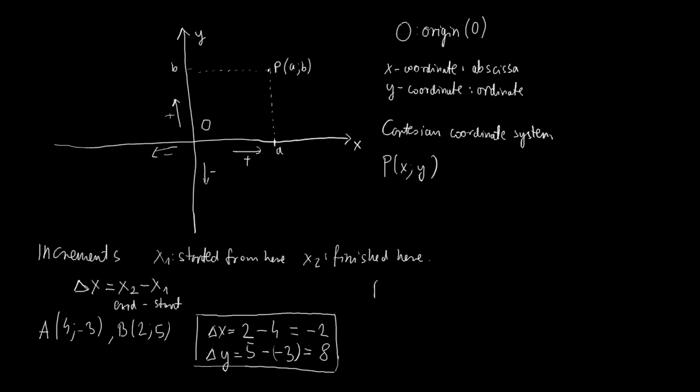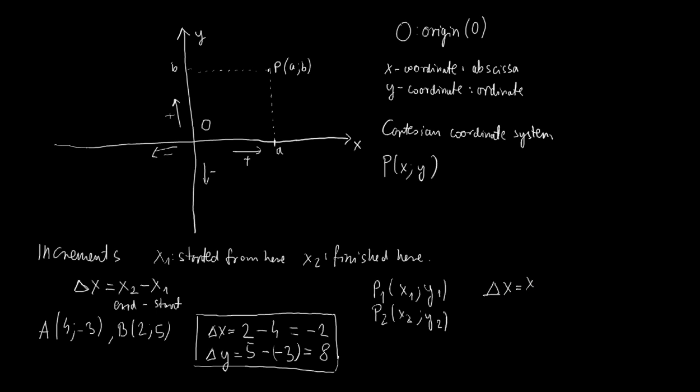Let's try it generally. Given two points, P1 with coordinates x1 and y1, and P2 with coordinates x2 and y2, we want to go from P1 to P2 and we are interested in the increments.